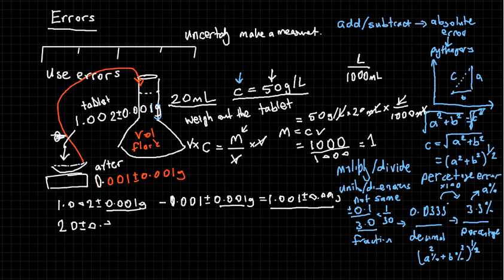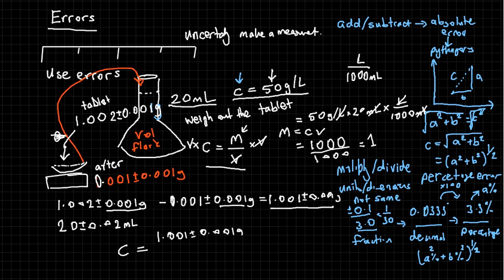We want to know precisely what the concentration is so that we can use it as, say, a standard, or we can use it to measure the concentration of another sample. So we look at the flask and we say, what is the error associated with that flask, and we look up in our table and we get 0.02 mils. Let's just say it's that, just makes it a little easier.